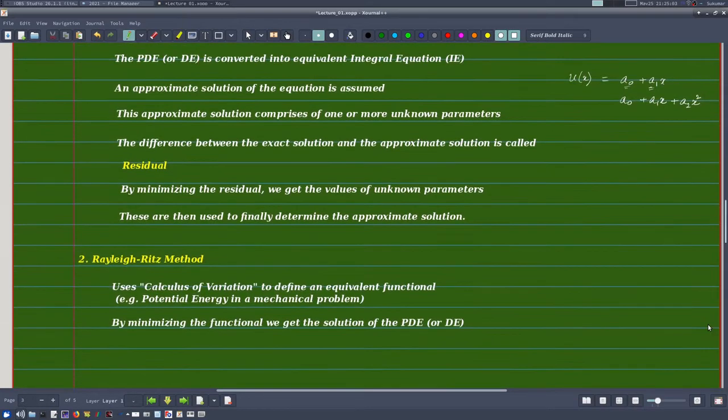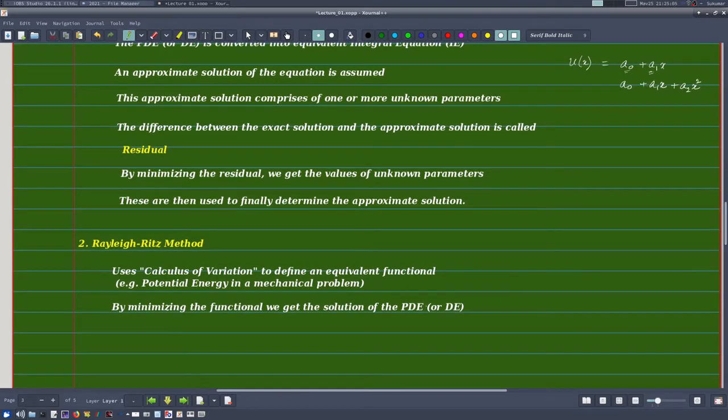Then the other approach is the Rayleigh-Ritz method. Here we define an equivalent functional which governs the physical problem. For any mechanical problem, I can find the potential energy due to the deformations caused by the loads. That will be my functional.